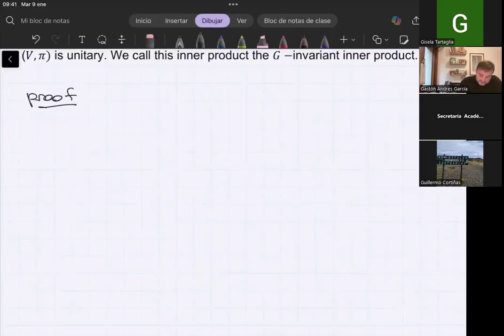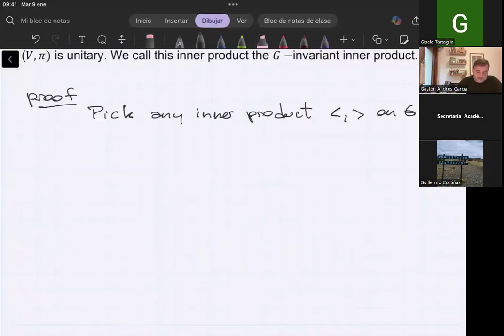We have a finite dimensional vector space, so let's pick any inner product on V. I wrote G by mistake. This inner product might be or not be good for our action of the group. In general, it's not true that any element of the group is a unitary linear map.